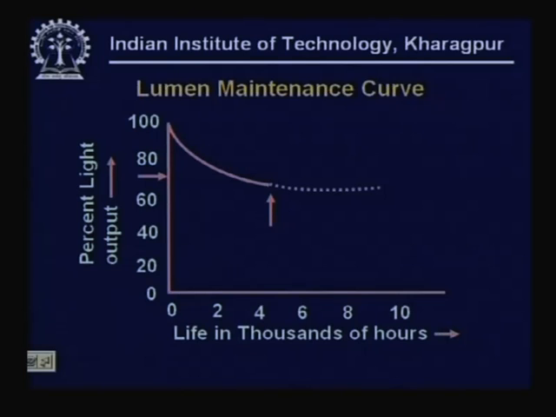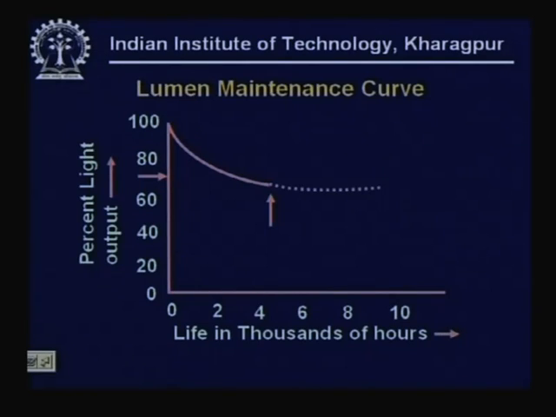Now, the other issue which comes is that the virgin lamp has a certain light flux output. How does it maintain during its life? If you recall, a typical 100 watt incandescent lamp which we use these days is talked of in terms of at least 1000 hours of burning, and you take any of these other lamps, the fluorescent lamps, they are claimed to have a few thousand hours.